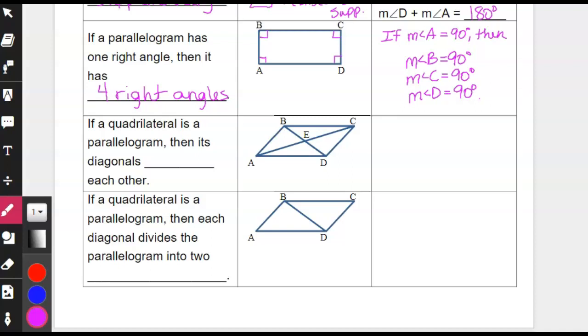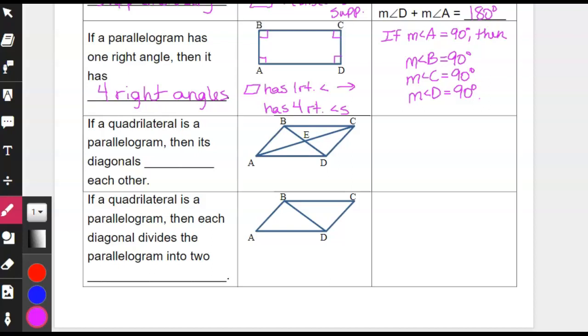The shortened version is if parallelogram has one right angle, then it has 4 right angles. Again, doesn't seem like it's much of an abbreviation, but it truly is.